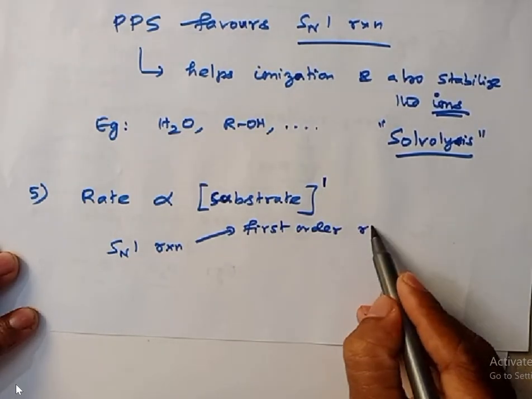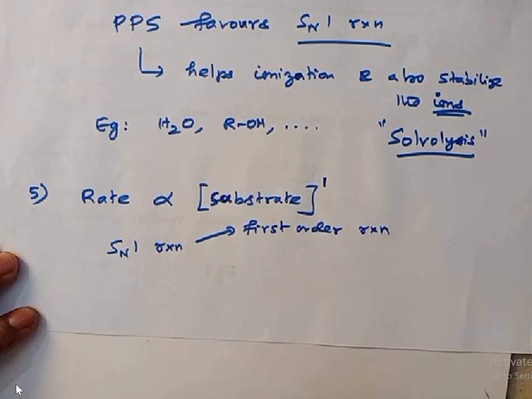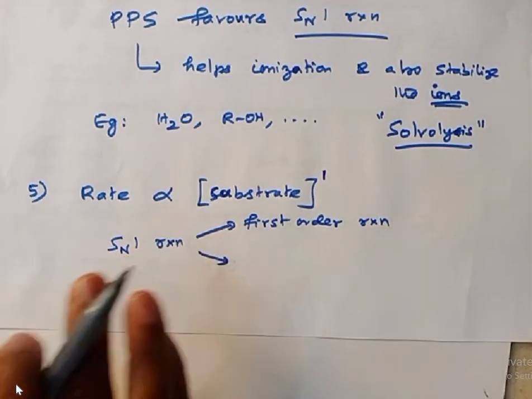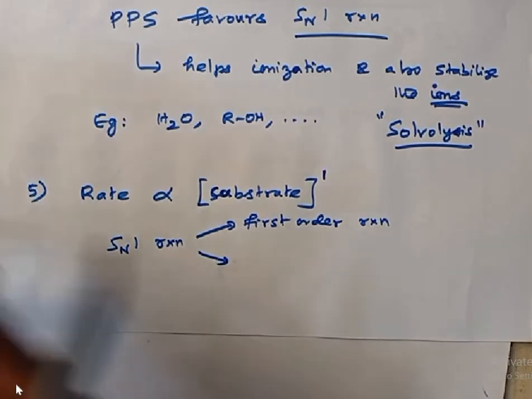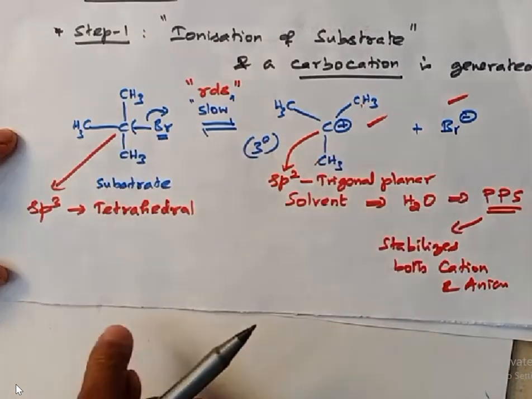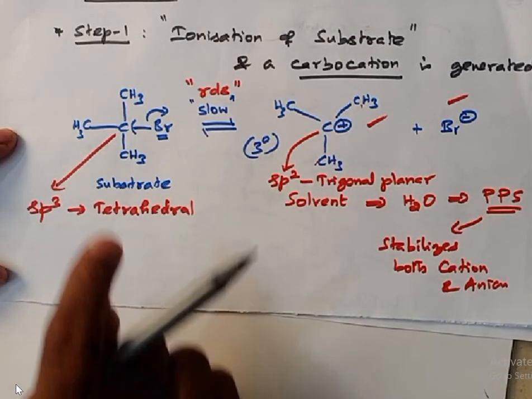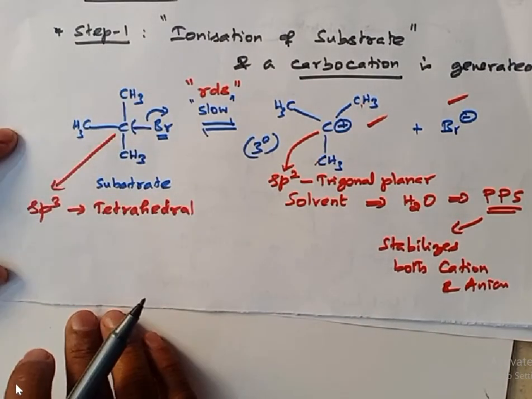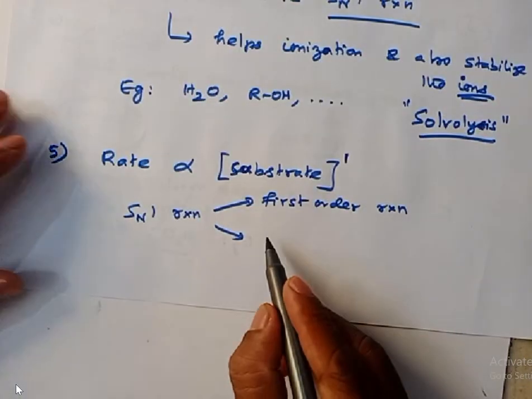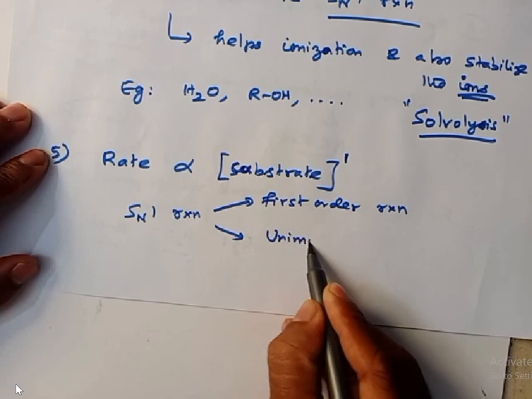Sn1 reactions are first order reactions. But it is not only first order. In the rate determining step, only one molecule of substrate is participating. No nucleophile, no other species, right? Only the substrate molecule is participating. Therefore, the reaction is also unimolecular.